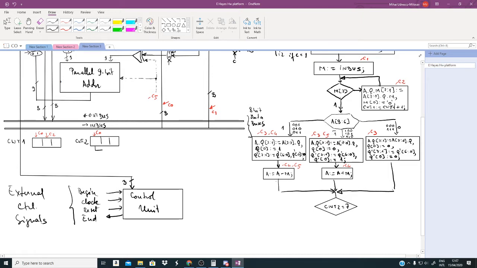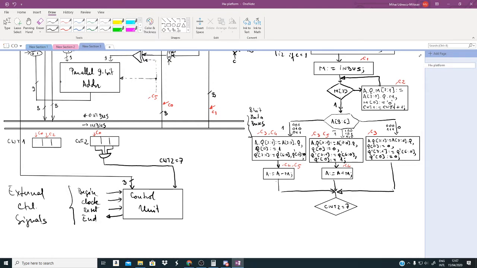So we need this signal, and this signal is titled CNT2 equals 7. If this signal is 1, this means that count 2 has the value 7.